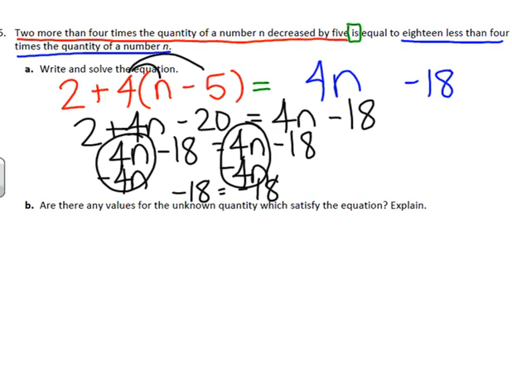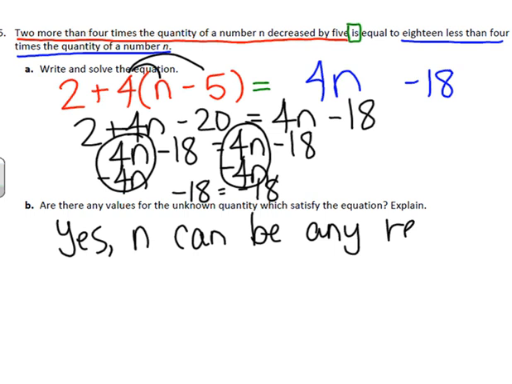So for part B, are there any values for the unknown quantity which satisfy the equation? And we would say yes, n can be any real number, and we can just say because when we solved it we got negative 18 equals negative 18, or because we got a true statement.